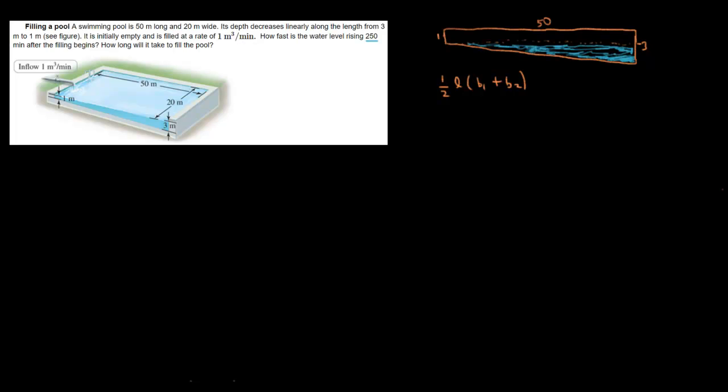If we are talking about the volume close to the bottom, that is, the volume in this triangular area, well, we'll have what? It'll be 1/2 base times height times width, right?